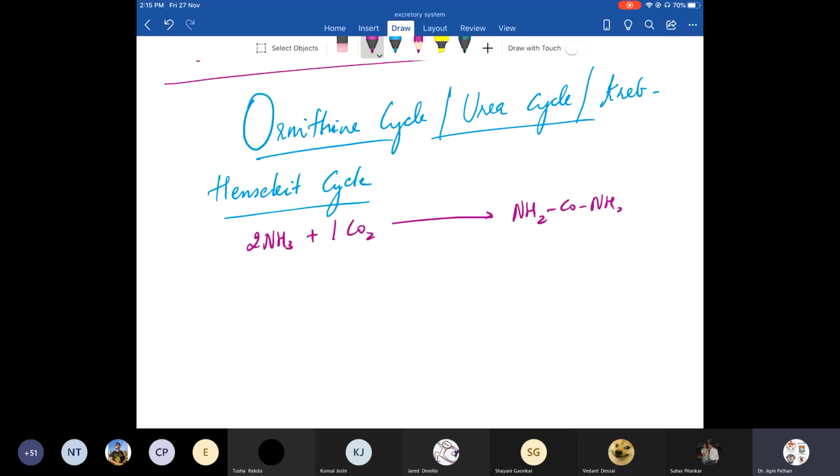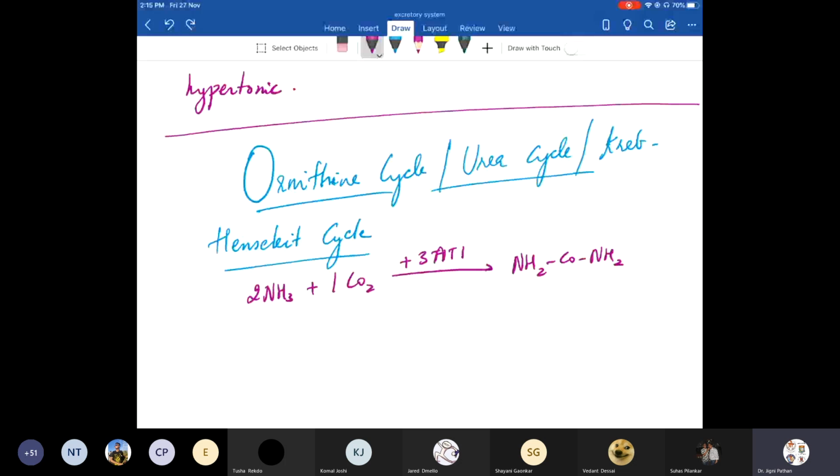Are you getting the point? During this process, 3 ATP molecules are used up. 3 ATP during the conversion of ammonia to urea, there is urea, right?